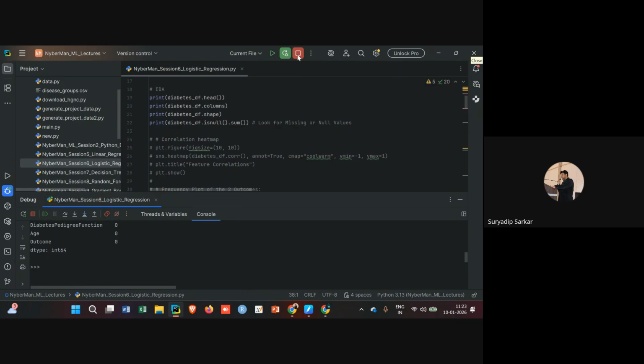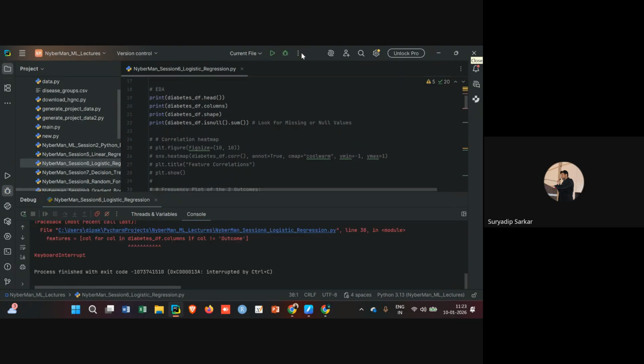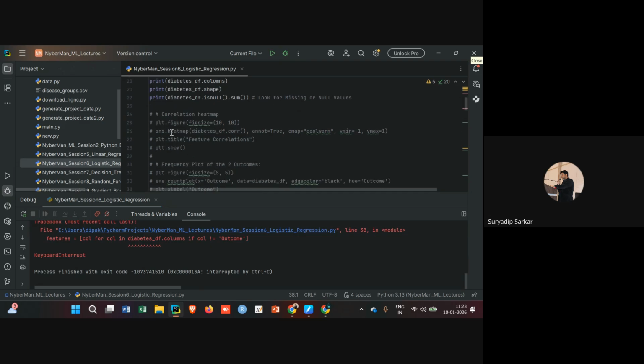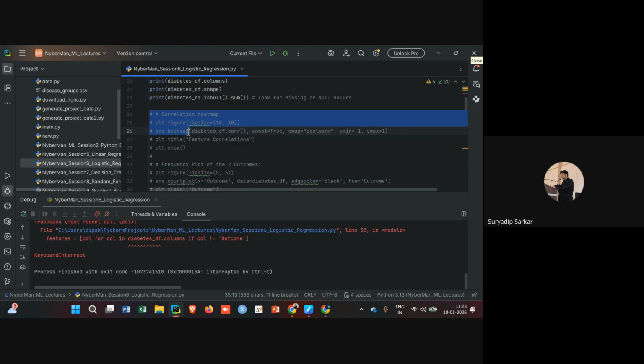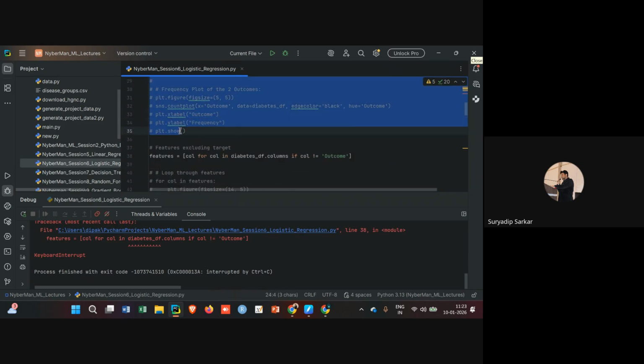I will go ahead and stop this run here because I want to uncomment this. In order to uncomment this part, select this entire part, from line 24 till line 35, and then press Control question mark.